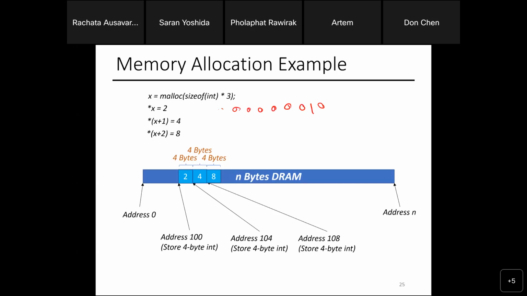So you would represent this number in 32 bits, so it's going to be 0000010. And that whole thing is put inside addresses 100 to 103 with that binary. So you have the whole byte for the first 8 bits, another whole byte for the second part of the 8 bits, another byte for the third part.